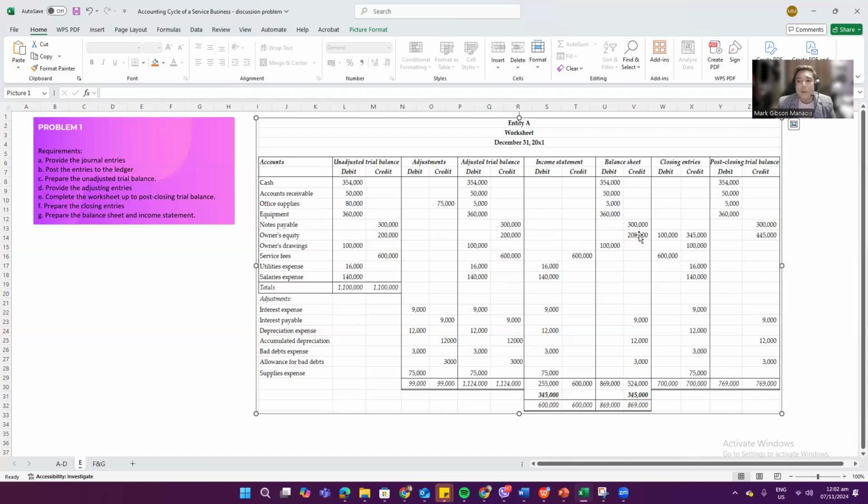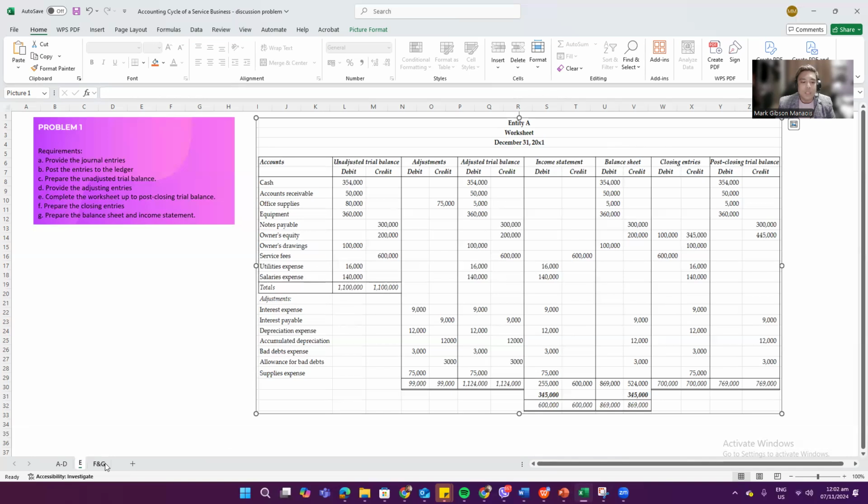But then we close the owner's drawing, so that's a debit, and then we also close the revenue from our profit and loss, no? So that's 345,000. So that's 200,000 plus 345,000 less 100,000. So we get 445,000. So we just do those steps, no, for the rest of the accounts for us to be able to complete this worksheet, no?